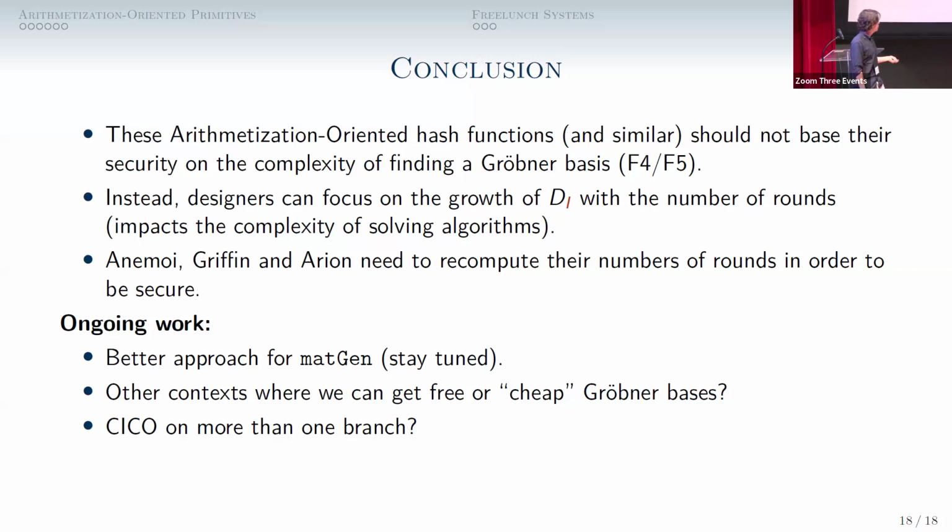Because this can be very, very interesting. And also, we are focused on one branch, Ciminion. Turns out that we can't really directly do more than one branch in our model, but there are probably ways of doing it. This is ongoing work, basically. So thank you for your attention. Thank you.